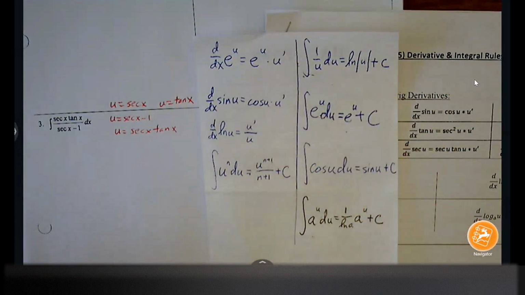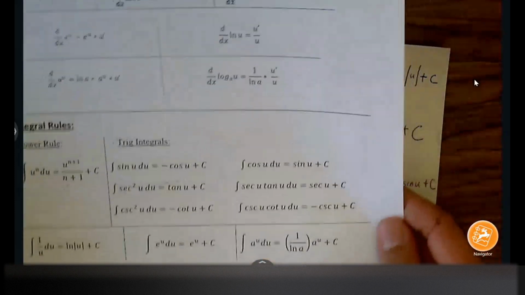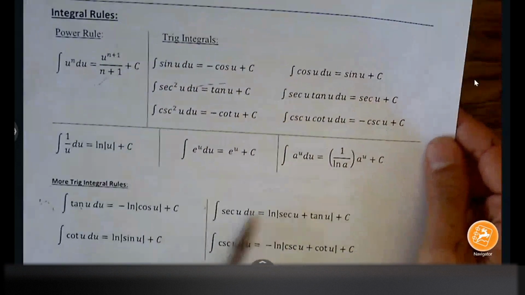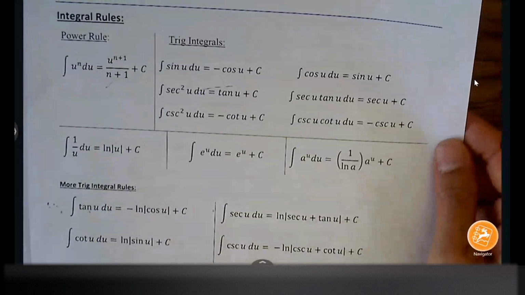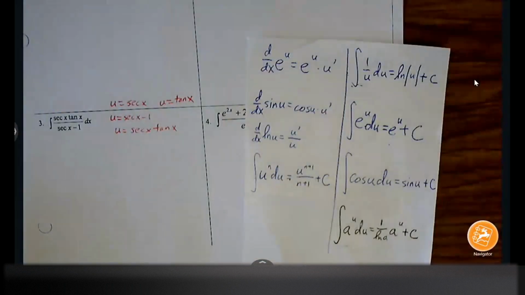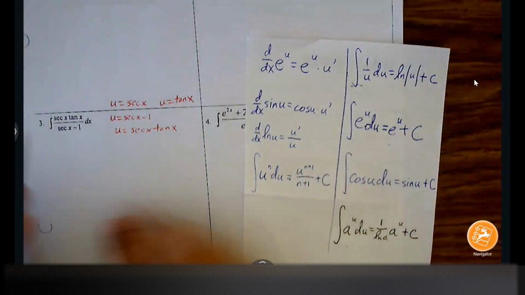You're trying to get your problem to look like one of these integral rules, okay? You can see them on the right here, all of the trig rules available, and whatever it takes to get to one of these rules is what we're after. And the denominator is favorable here because secant's derivative is secant tangent, so we should get that to work out.